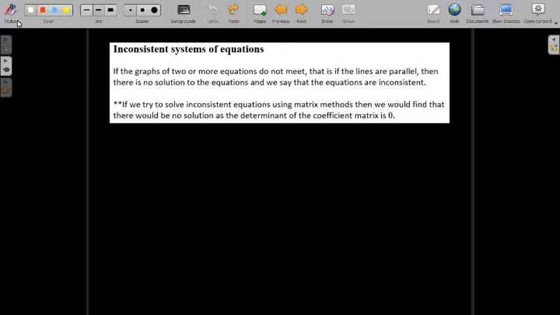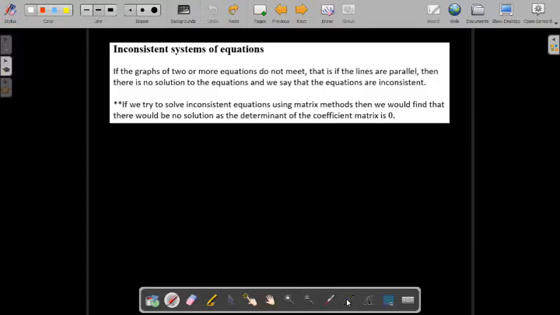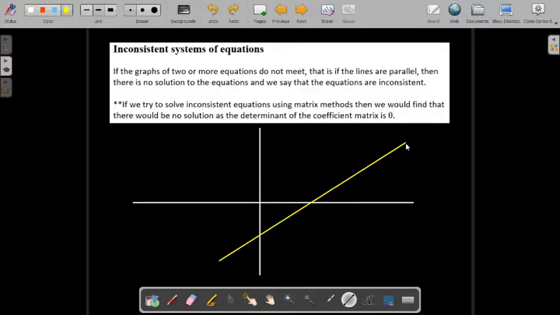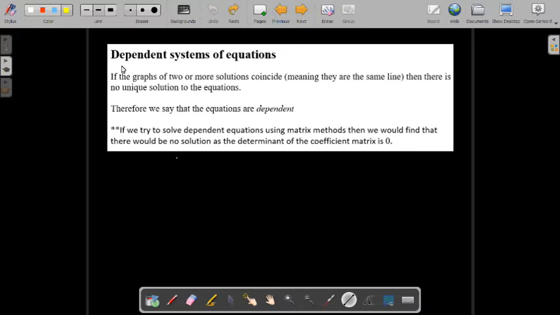So summarizing all that, because we're talking about equations of straight lines, basically, here's our first line. For the dependent systems of equations, it means that they are the same line.